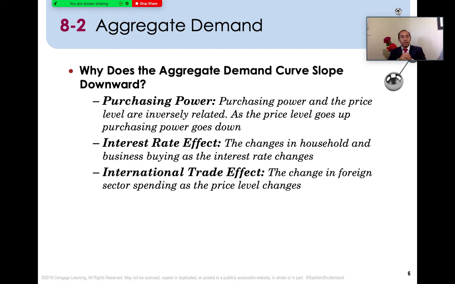More specifically, as the price level drops, goods become less expensive, and it increases the quantity of real GDP purchased, due to the units consumed at the lower price, and the change in foreign sector spending as the price level changes as well. So three main reasons why the aggregate demand curve is downward sloping: the purchasing power effect, the interest rate effect, and the international trade effect. And we can elaborate on those further on.